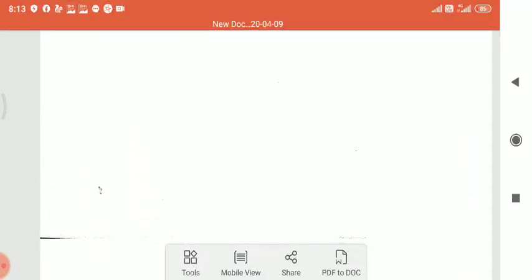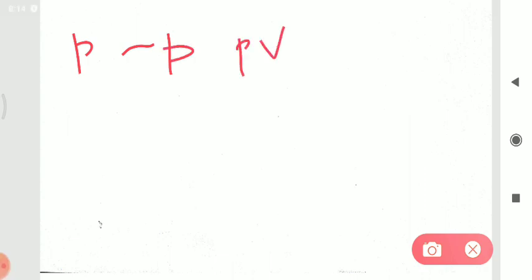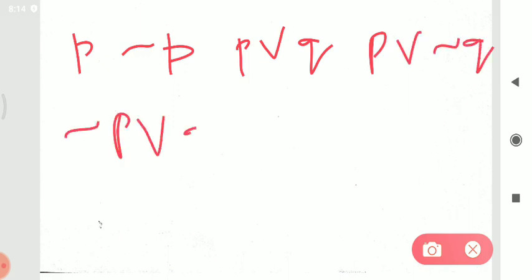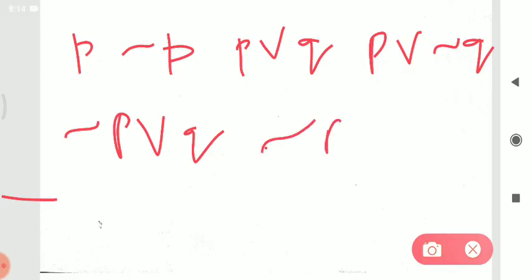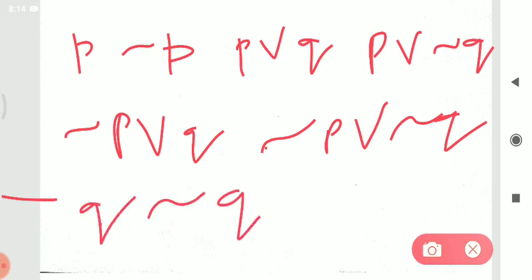You can see many forms here: P, negation P, P or Q, P or negation Q, negation P or Q, negation P or negation Q, negation Q, Q. These are all fundamental disjunctions. The important thing is that we have to use disjunction between the variable or its negation.